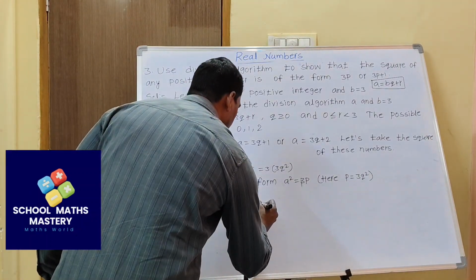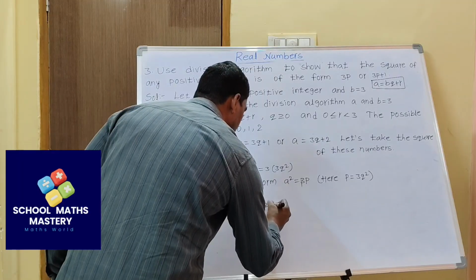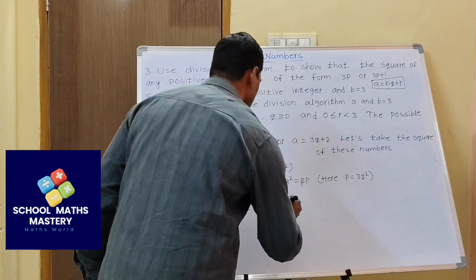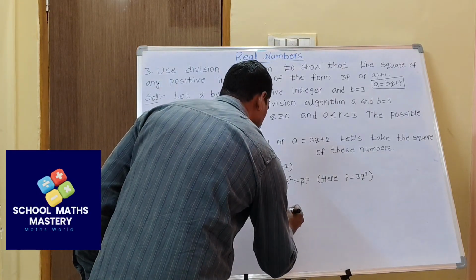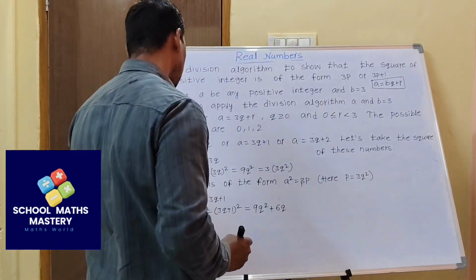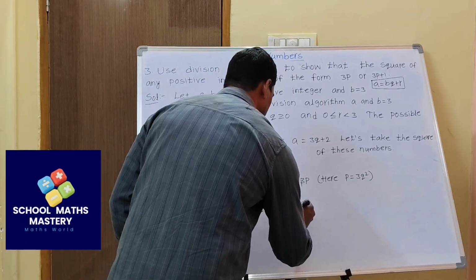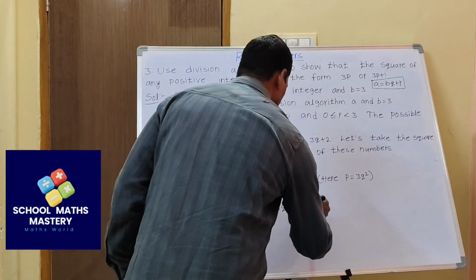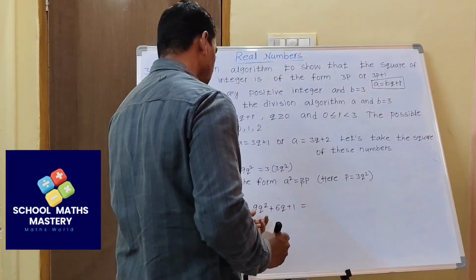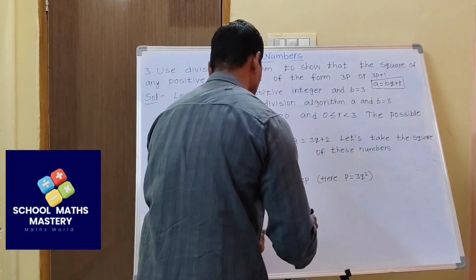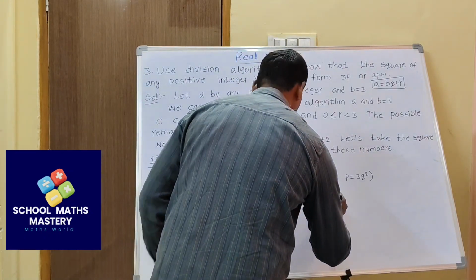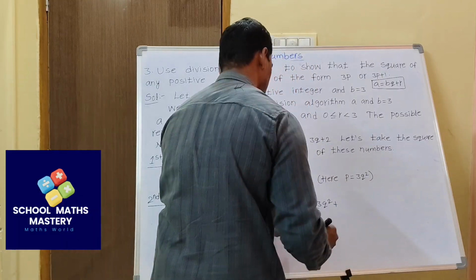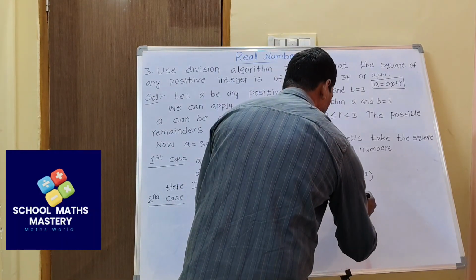So 9q square plus 2ab, 2 into 3q into 1, 6q, plus 1 square equals 1. Here we get 3 common: 3 into 3q square plus 2q, plus 1.